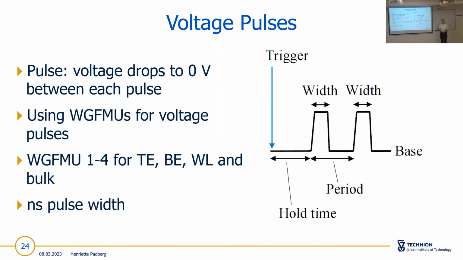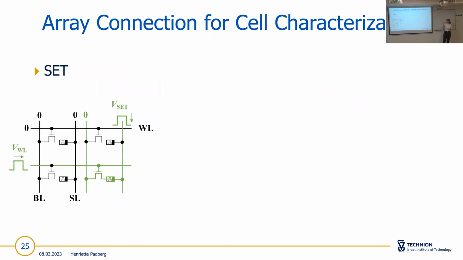For that, I then used WGFMU channels, again 1 to 4 for top electrode, bottom electrode, word line, and bulk. Here I had to change the channels because for the pulses I need much faster channels. The WGFMUs are in the nanosecond range, so these were used for the pulses.